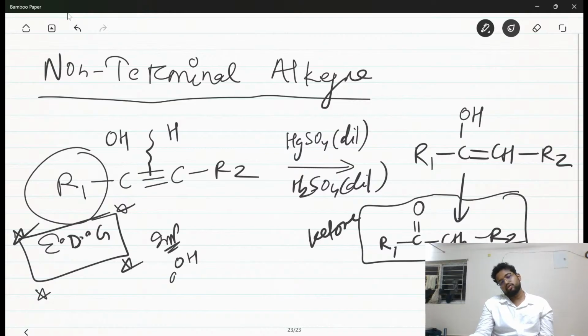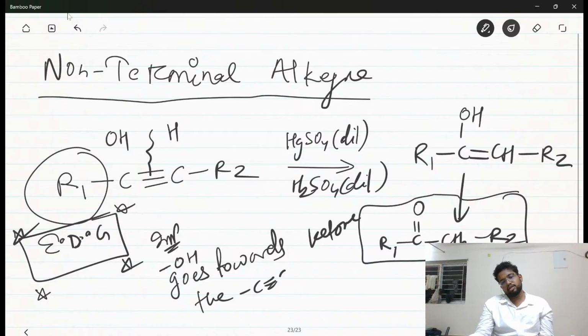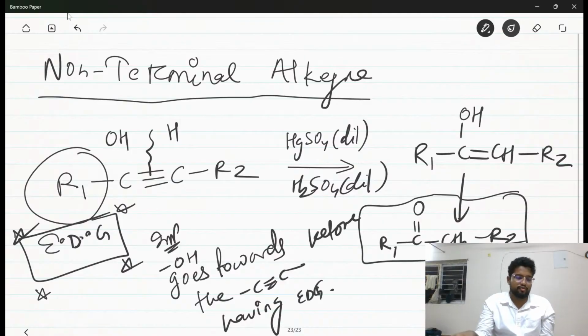OH goes in the first step towards the carbon of the C triple bond C having the electron donating group. Can you tell me examples of a few electron donating groups you know?